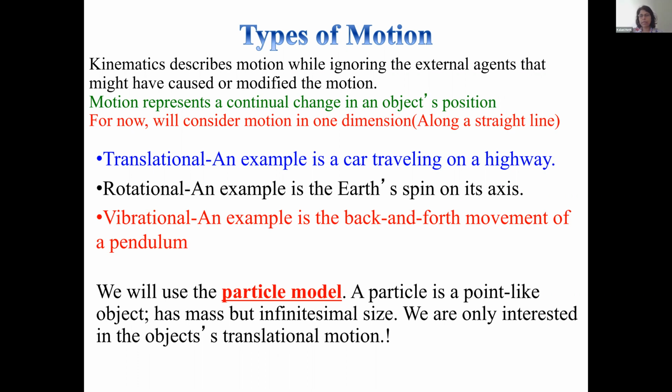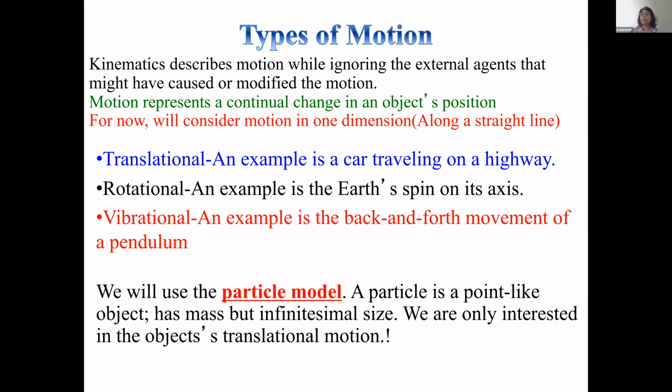Earth keeps rotating, right? And vibrational motion is another thing. As a simple example, you can think about a spring pendulum: you have a spring, and that spring will do back-and-forth motion, which is called vibrational motion. We're going to deal with all those motions throughout the semester. Right now we are in translational one-dimensional motion.